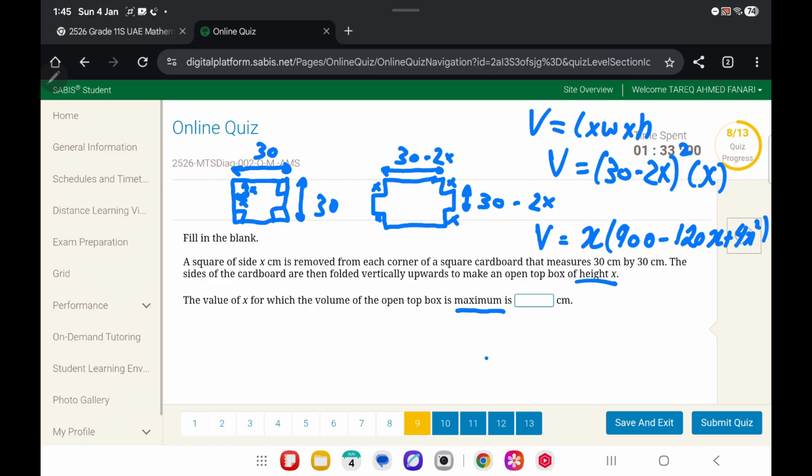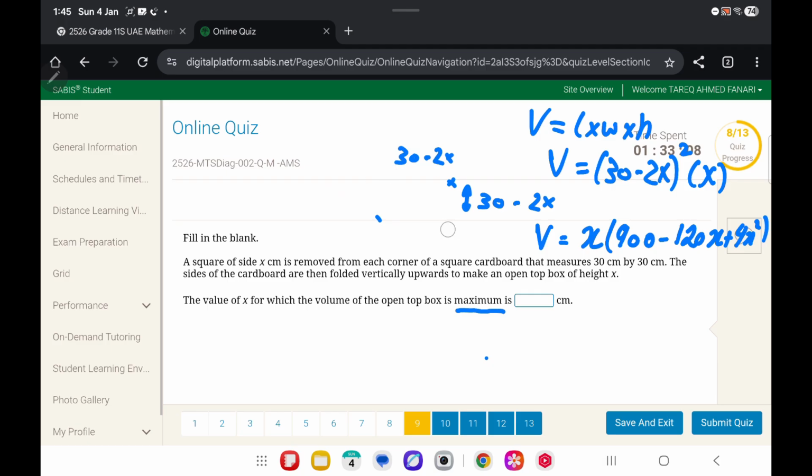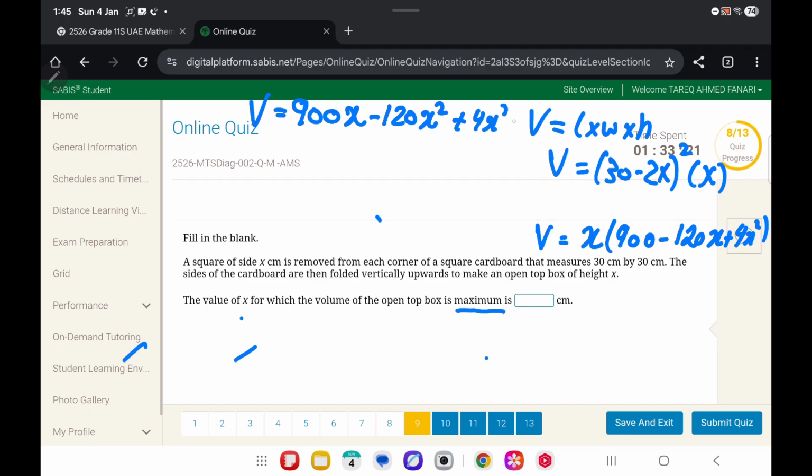I can erase these now, I don't need them anymore. This was just as a figure. V is equal to 900x minus 120x squared plus 4x cubed. I just distributed the x that I have.